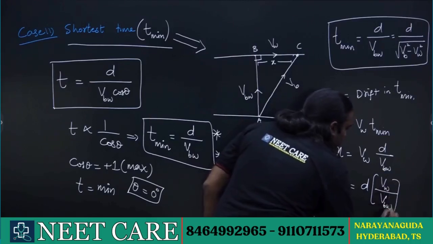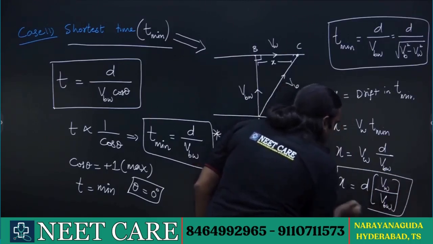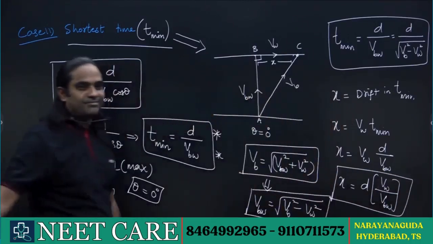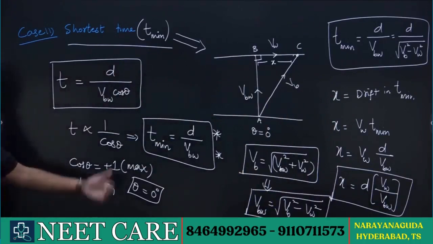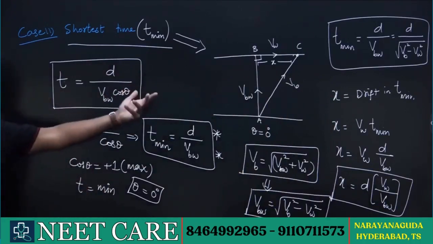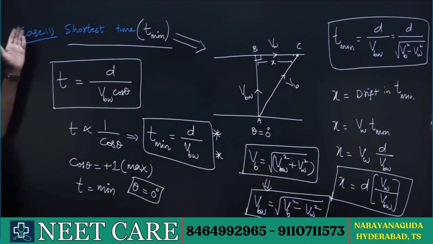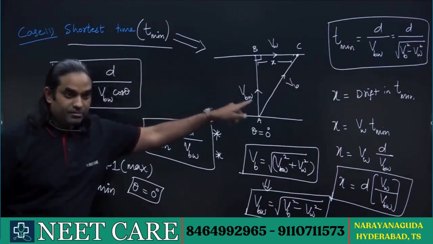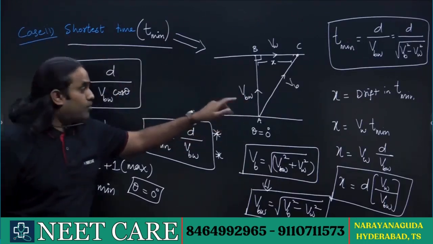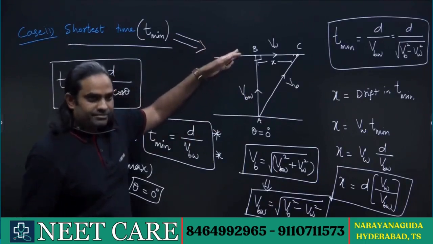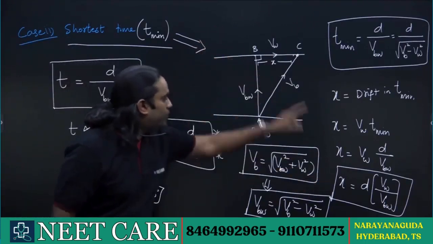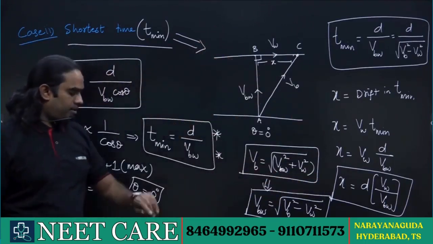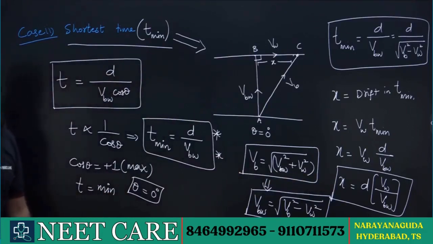That's it. So this is going to be the X value, that is the drift in the shortest time. In the previous case, it was the drift in the general case, when the boat is inclined at an angle theta to AB. But when theta becomes 0 and the boat moves all the time along AB, the drift produced will be D into VW by VBW. Is it okay? Right. Next.